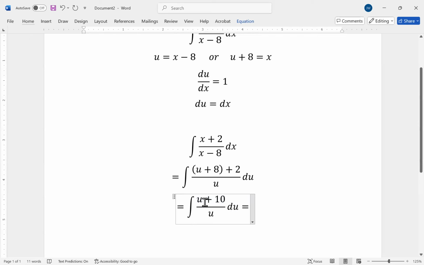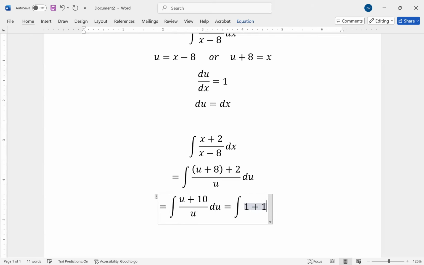And that's a fraction I can easily divide. So when I divide that fraction, u divided by u is just 1. And then 10 over u, while that doesn't divide nicely, I do know an antiderivative of 10 over u.